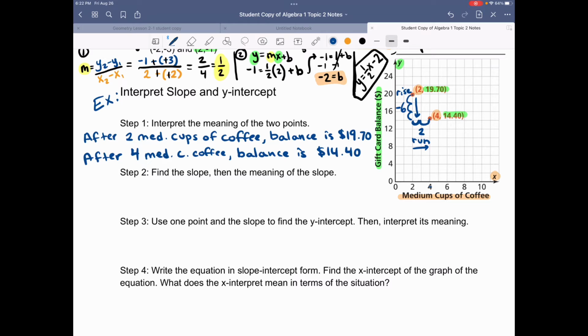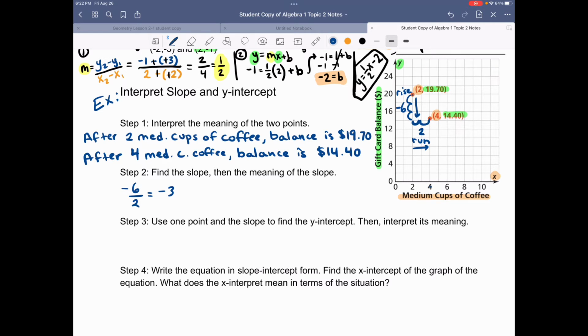So our slope is -6/2, which reduces to -3, which means that every time you buy a medium cup of coffee, the gift card goes down $3, right?